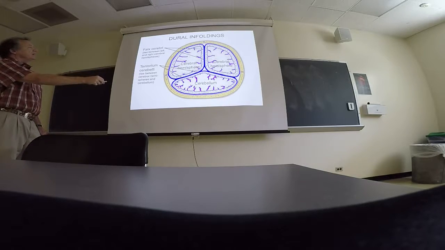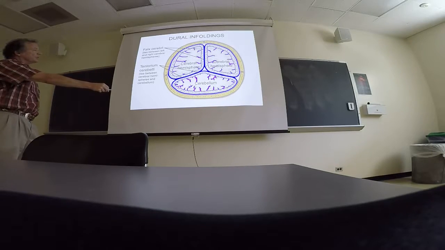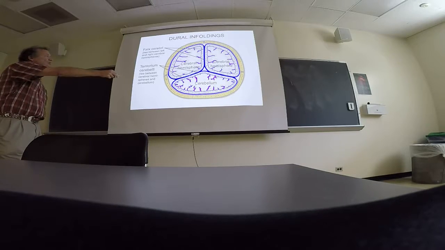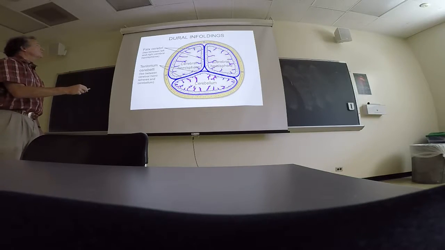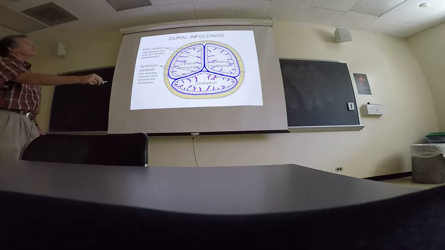A little bit down here, between the cerebral hemispheres and the cerebellum, again, the periosteal part stays with the cranial bone. The meningeal part follows the brain surface around, and then these two fuse together. And this infolding is referred to as the tentorium cerebelli, and it lies between the cerebral hemispheres and the cerebellum.